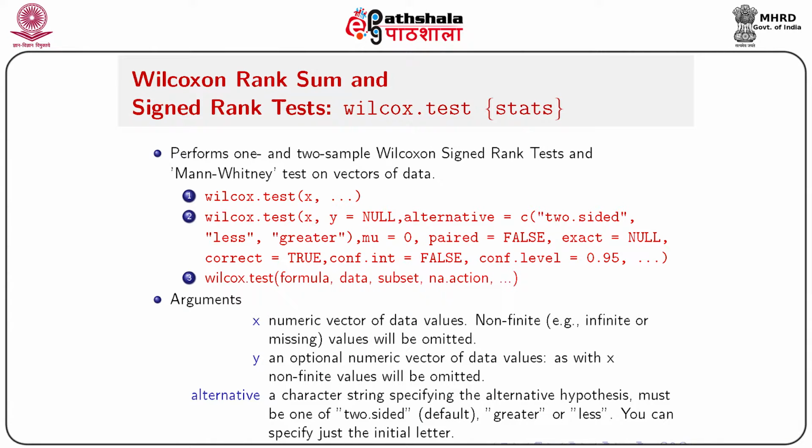Now we'll see how the Wilcoxon rank sum test and the Wilcoxon sign rank test can be done by the same function called wilcox.test. So we'll see the Wilcoxon rank sum and sign rank tests by wilcox.test. It performs one or two sample Wilcoxon sign rank tests and the Mann-Whitney test, that is the Wilcoxon rank sum test, by this function.